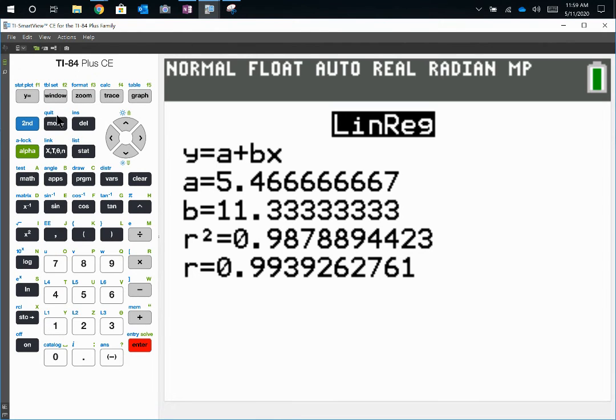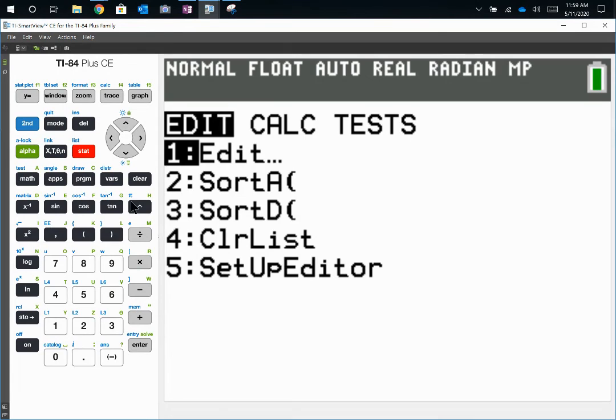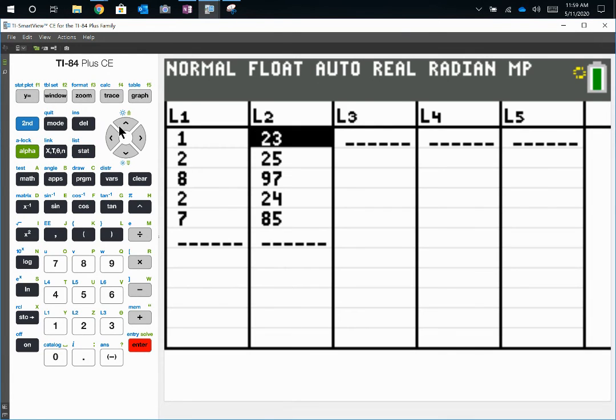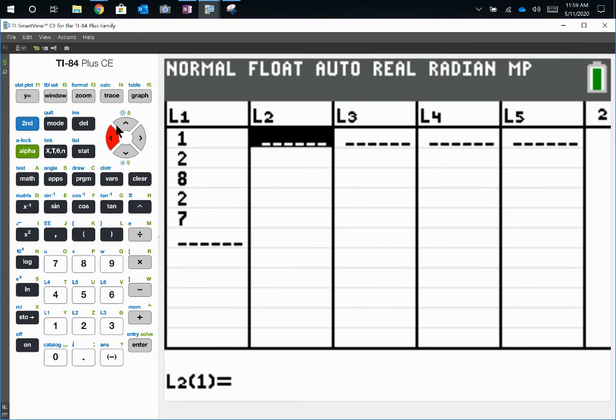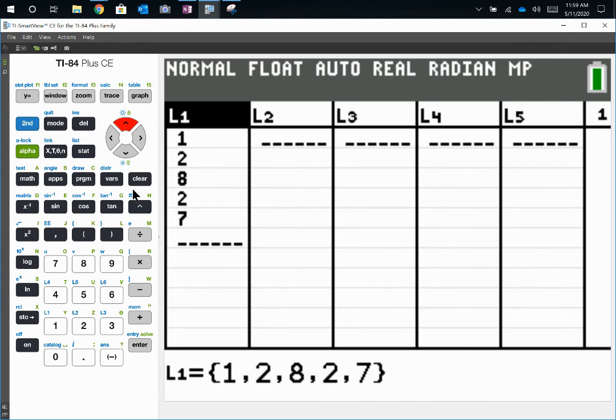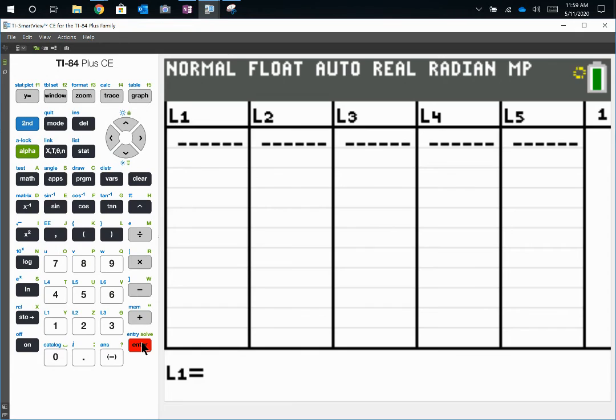So I'm going to go to Stat, edit my list, clear my list, clear my next list, and I'm going to put in the data: 2, 1, 4, 5, and 3.